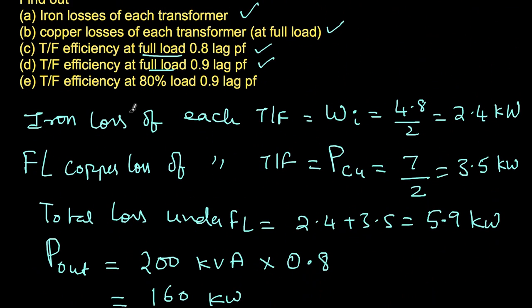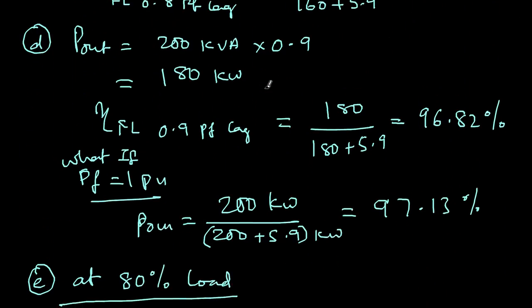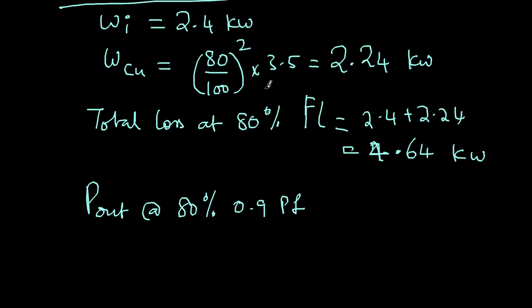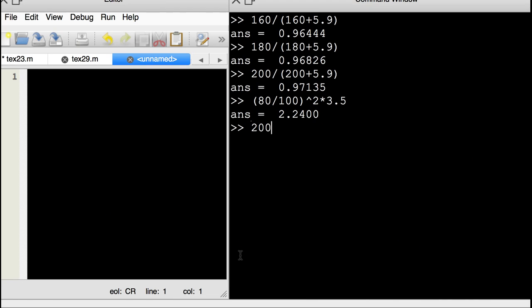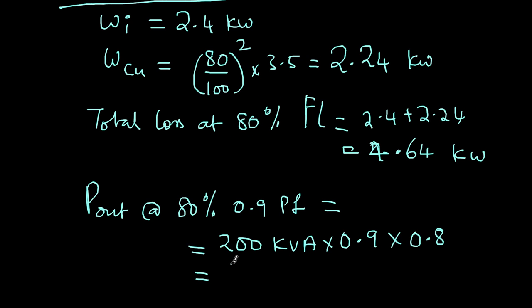In that case, what will be the output? 200 kVA is the rating of the transformer, power factor is 0.9, and the percentage loading is 80%, so 0.8. This will give me the loading in kilowatts. So 200 multiplied by 0.8 multiplied by 0.9, that is 144 kilowatts.